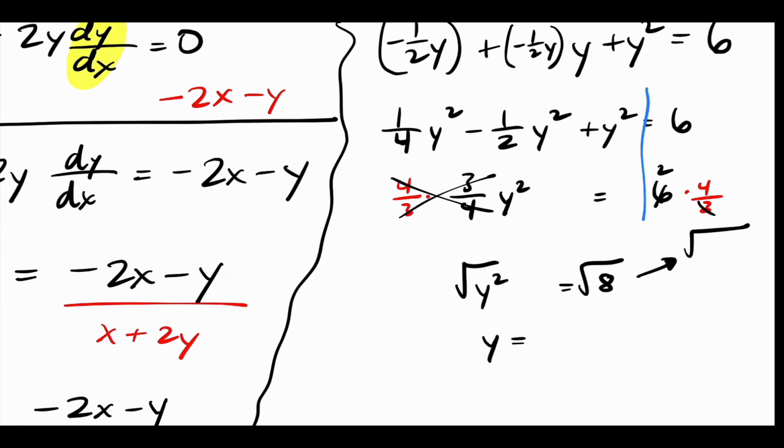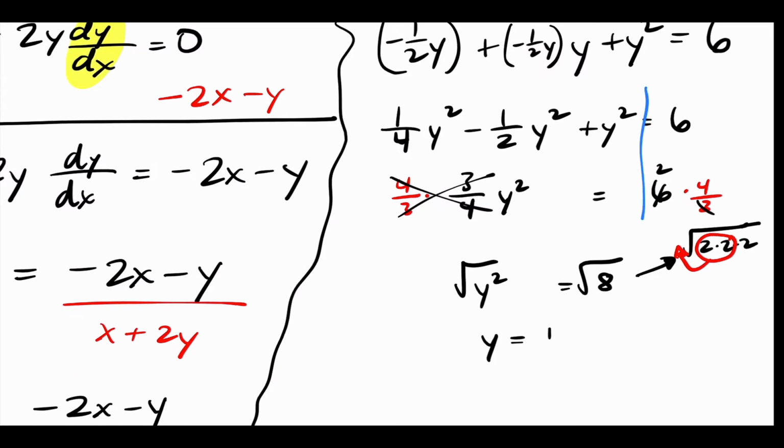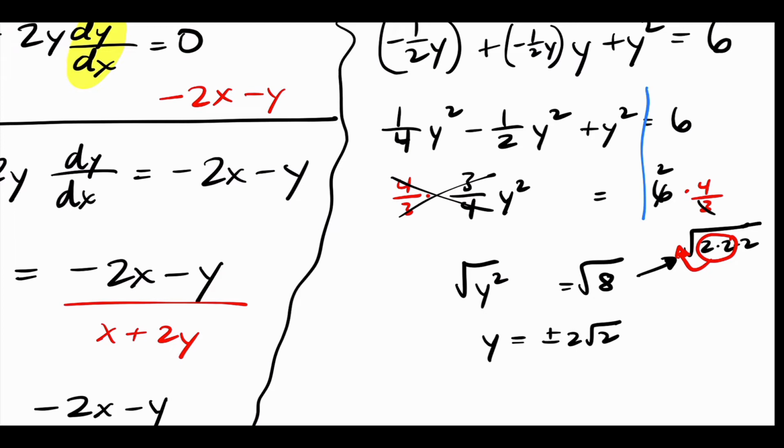Simplifying radicals, you break down 8. 8 is 2 times 2 times 2. Square roots, look for pairs. Move a 2 out, keep a 2 in. Okay, that's simplified.